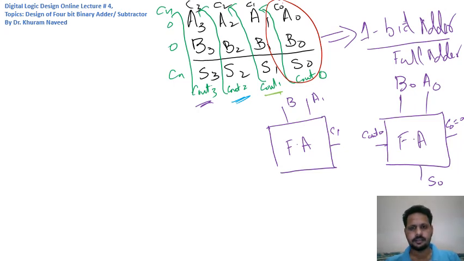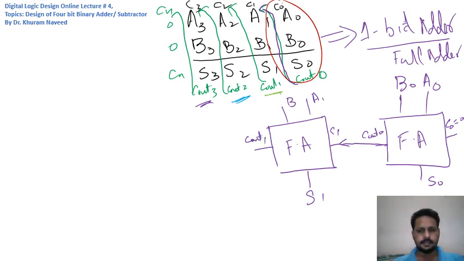And the carry, as we've already drawn it here, the carry from the previous addition will go as an input carry to the next addition. So this means this C out 0 from the previous addition will be the input to the next 1-bit binary addition, and in this case you will get a sum S1 and a carry C out 1.